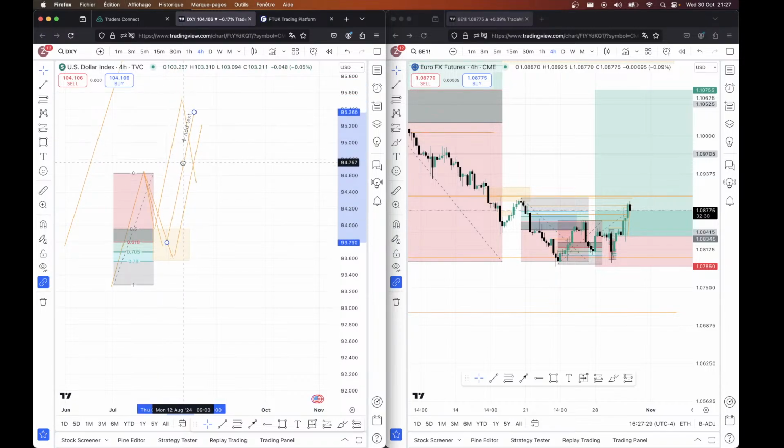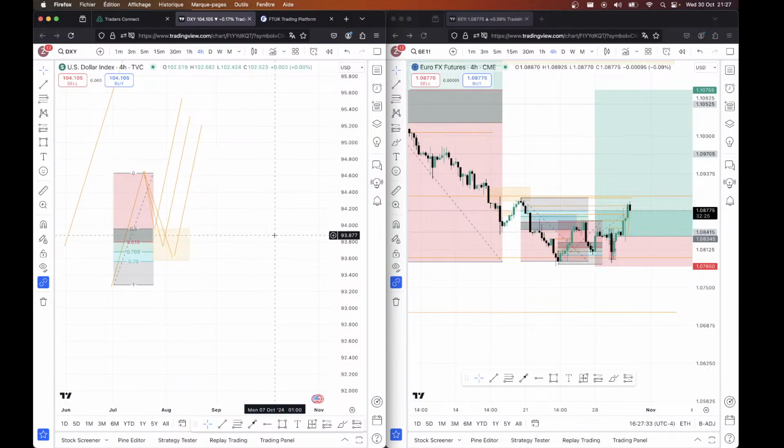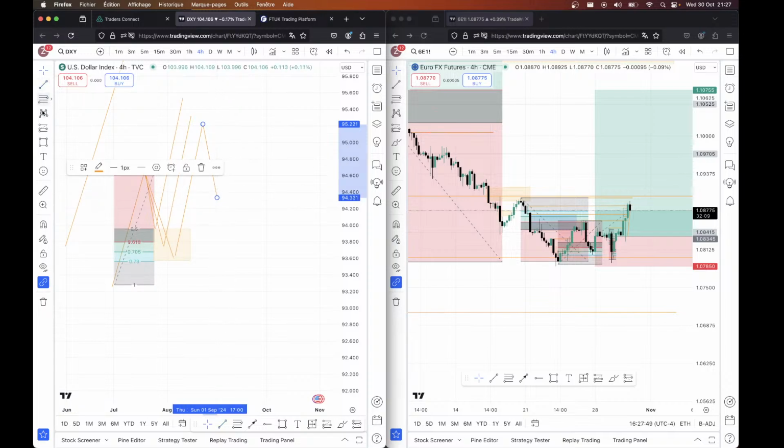We are still going up. That's really important. And even when you are studying higher time frames, this is what usually happens. So next time price will go down, it will go down exactly the same way.